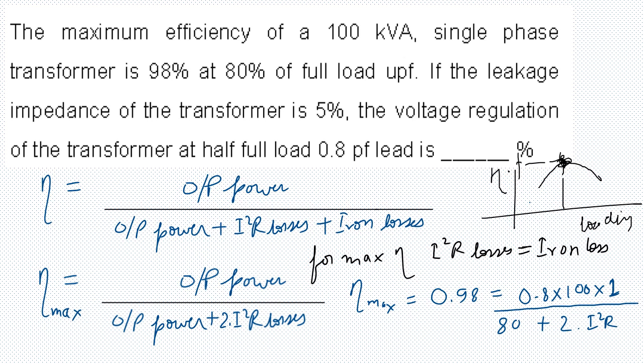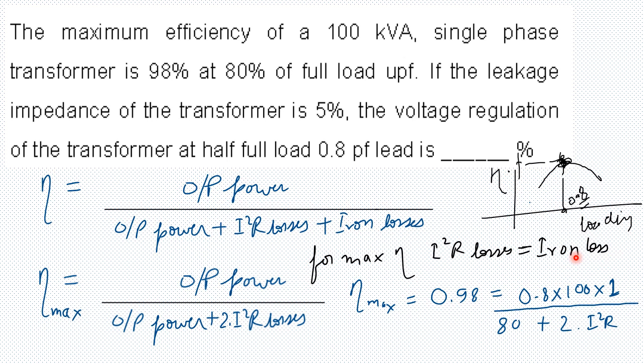And that happens at 0.8 of the load. Okay, 0.8 of the loading, meaning 80% of the loading is 0.8. So if you write the formula for efficiency, it is output power over output power plus I square R losses plus iron losses. But at maximum efficiency, I square R losses become equal to iron losses.